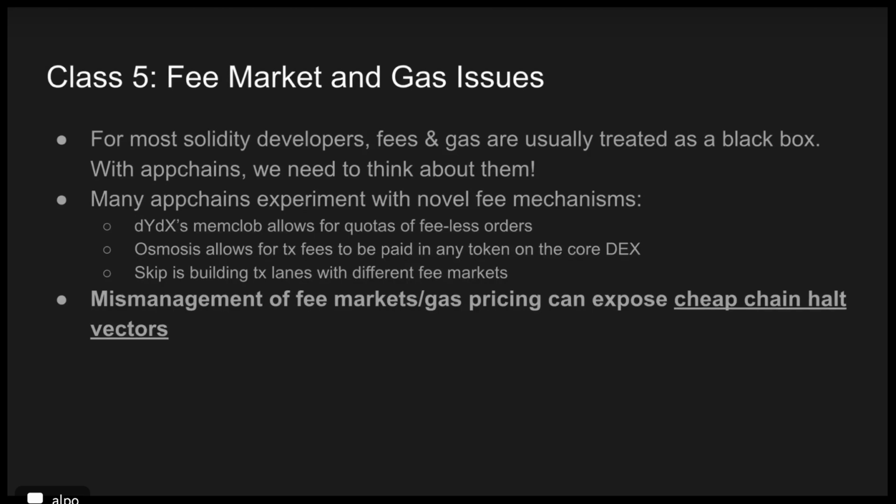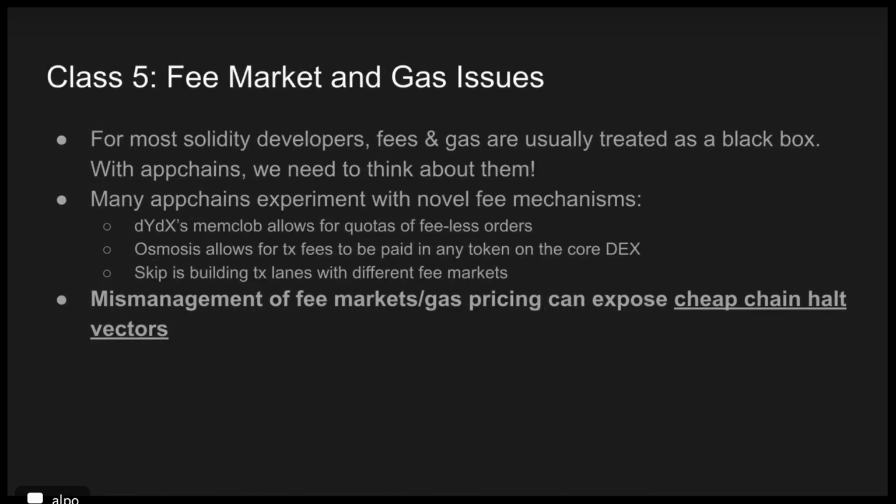The TLDR is it's an ideological descendant of the unmetered computation class, where if you are able to squeeze out more compute from your chain than you're paying for, then you can trigger a chain halt. And also, if you're experimenting with fee mechanisms, you need to be very, very cognizant of these things.